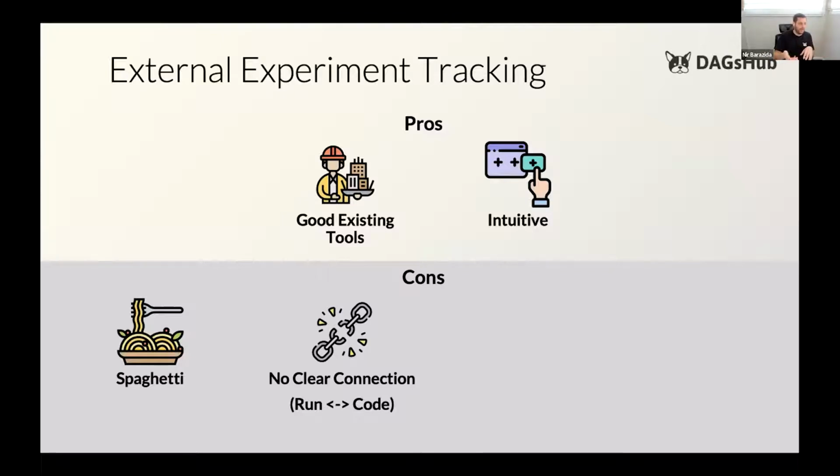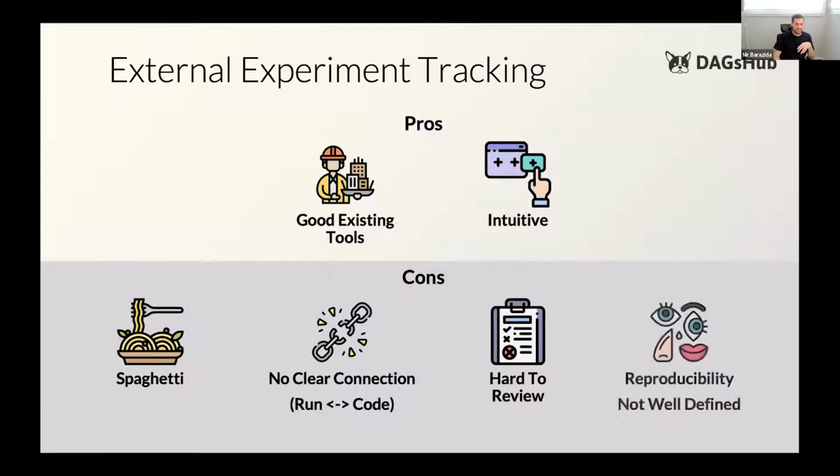It's very unclear how to connect the run to the relevant code. This especially hurts when we try to understand and review the work process or research process our team member did. It can also be the future you in 2 weeks. And last, it makes it unclear how we can reproduce the different runs.